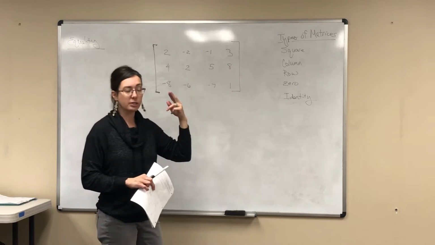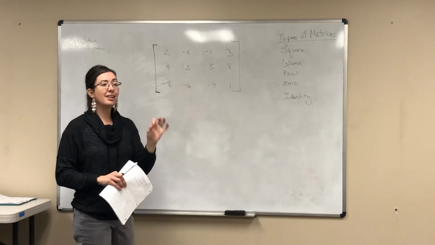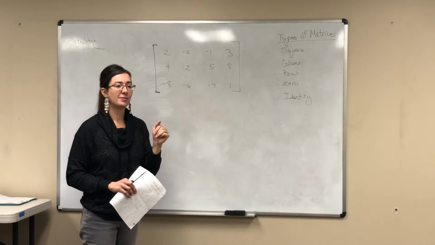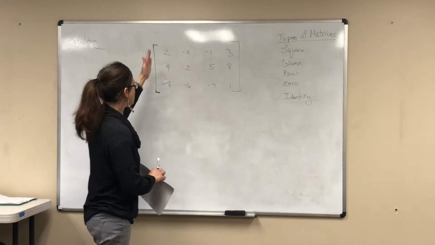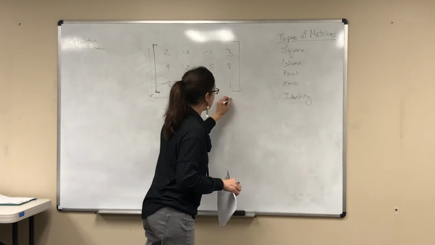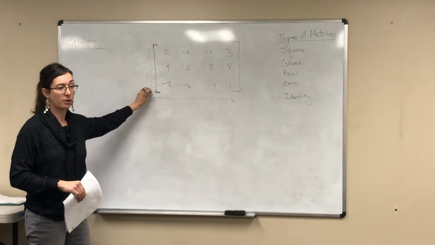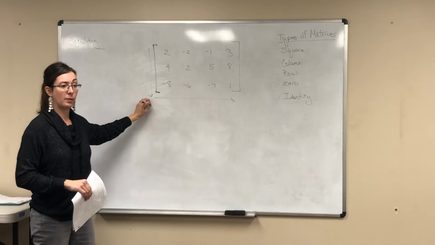That's a shortcut way to remember it. Rows go across. In English, how do we read? Left to right. We're going to do everything on the left, and then we're going to go to the right. This is how I remember what order they go in.